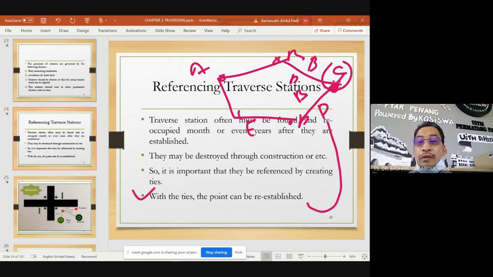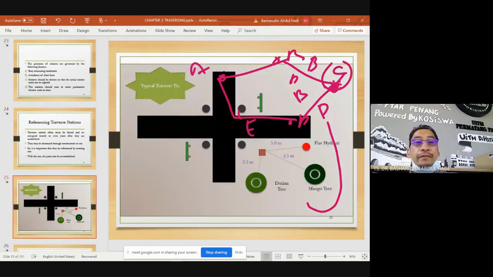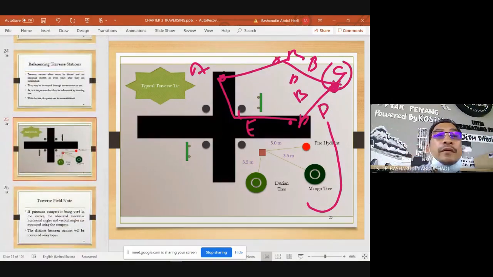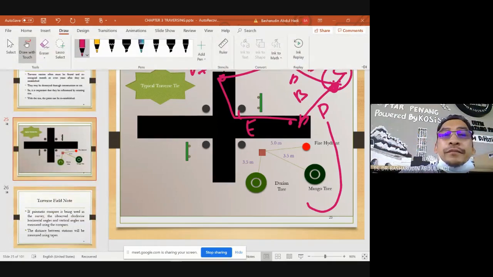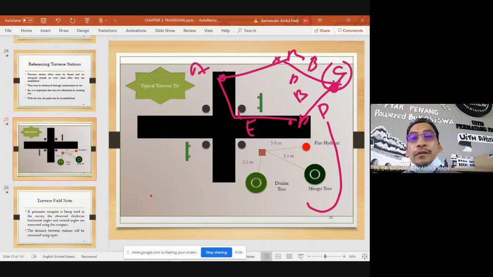Okay, next, we are going to next slide 25. So it is something like you have what we call the station. Maybe this one is station A. You take detailing: fire hydrants, a mango tree, durians.